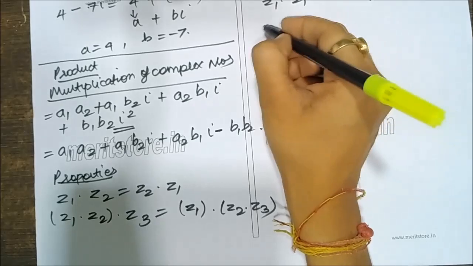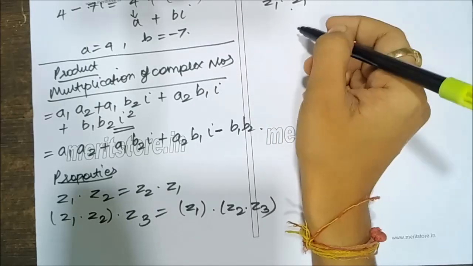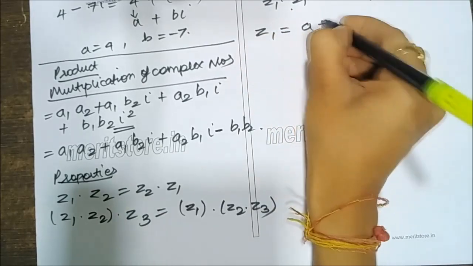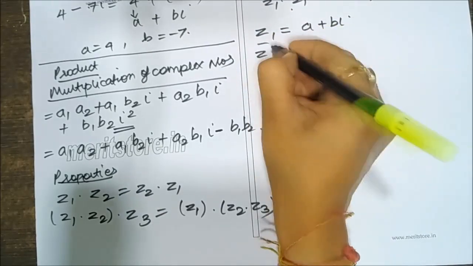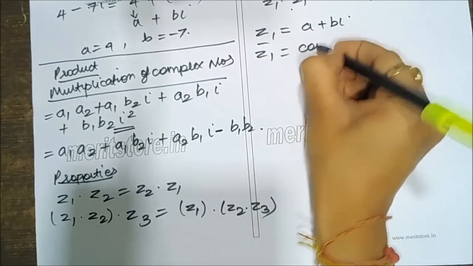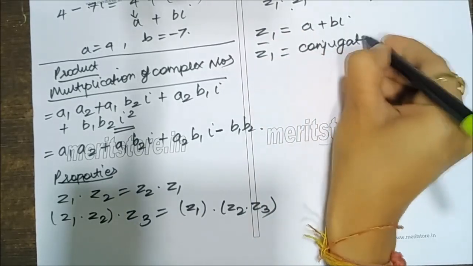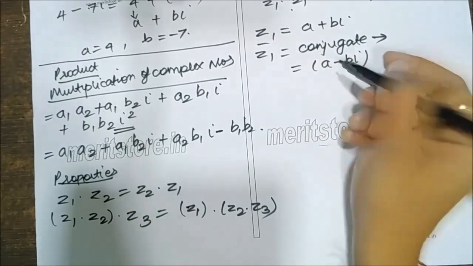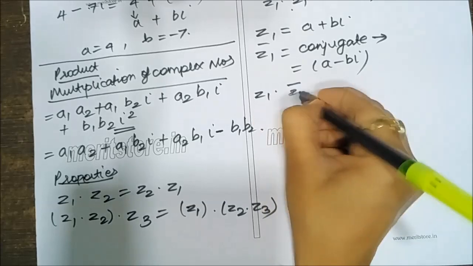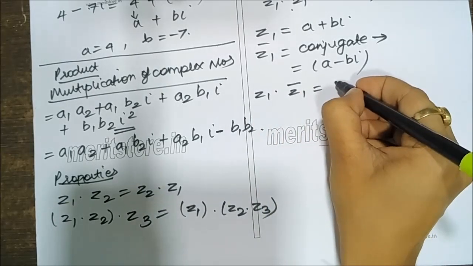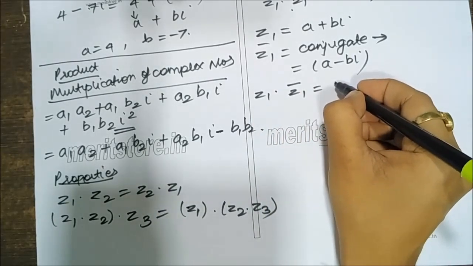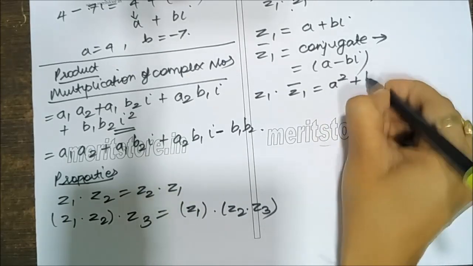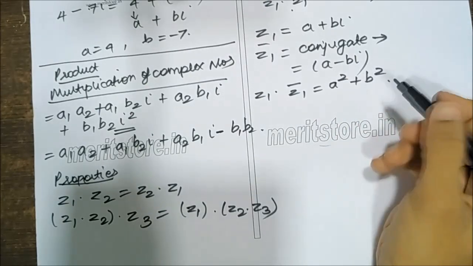whereas if I am taking the conjugate, so this negative I am repeating again and again. So this negative is nothing but, let's say if Z1 is A plus Bi, then Z1 bar is the conjugate, which I am repeating, that is the negative part. So basically it is the conjugate which we are discussing again and again. So Z1 into bar Z1 will always be your A square plus B square. Okay.